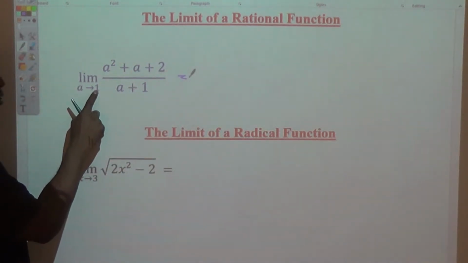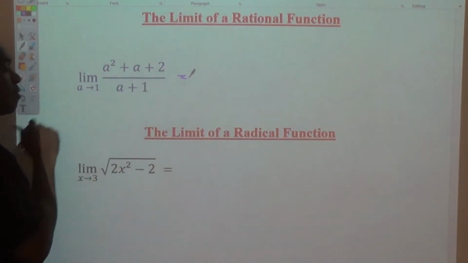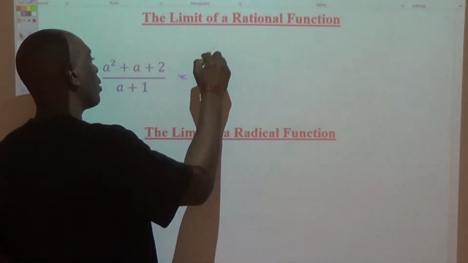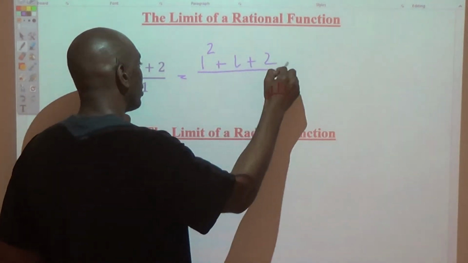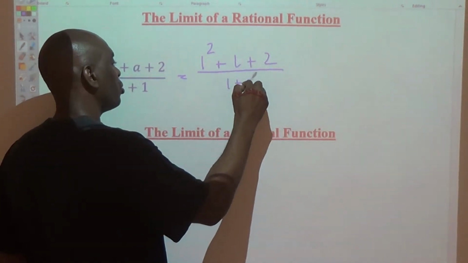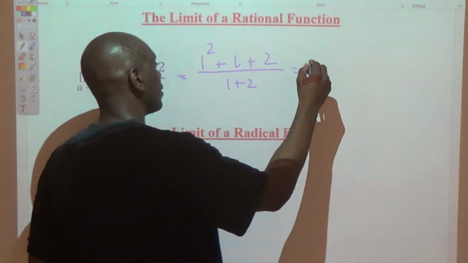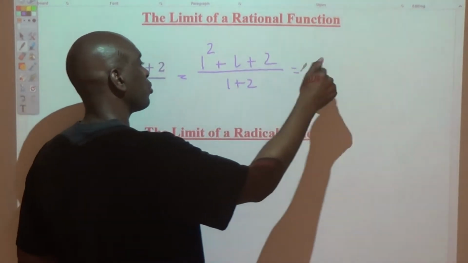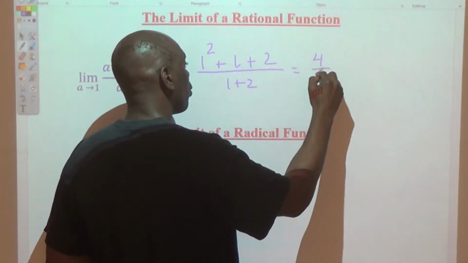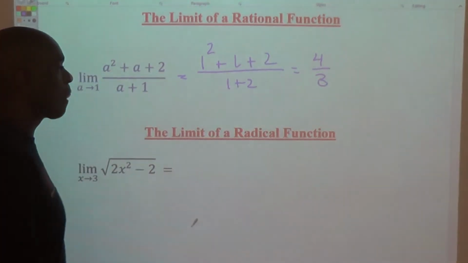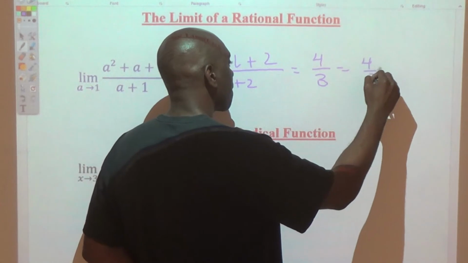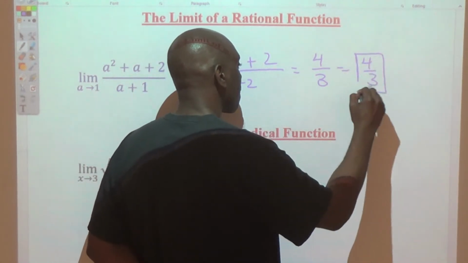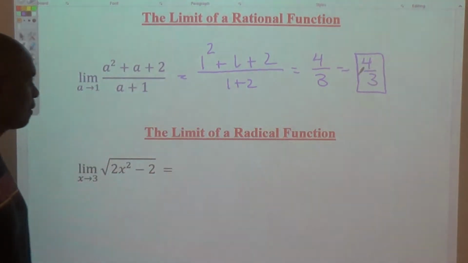As a approaches 1, take 1 in for a, substitute it in. 1 squared plus 1 plus 2 divided by 1 plus 2. And that's going to give us 1 plus 1 is 2, plus 2 is 4. 4 over 3. And here's our answer, 4/3.